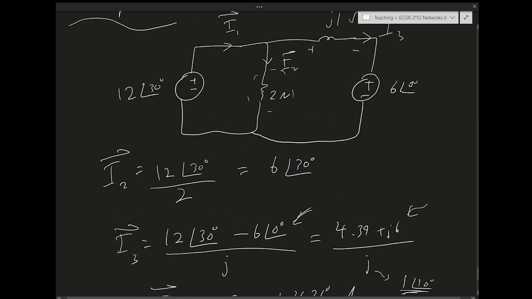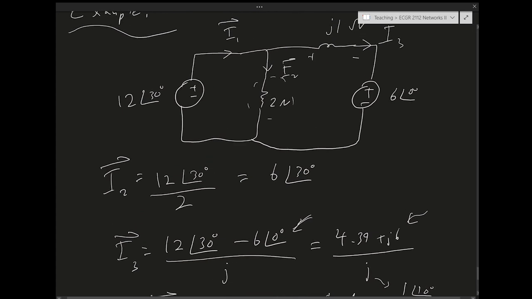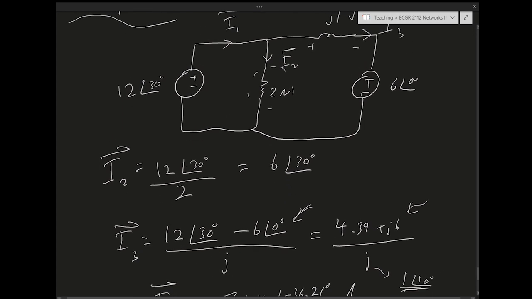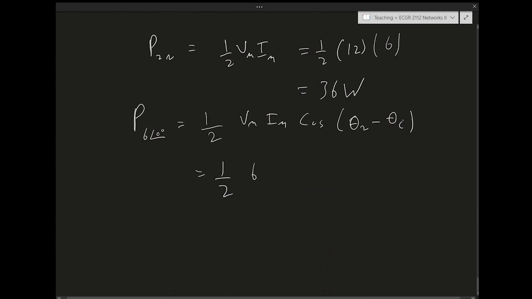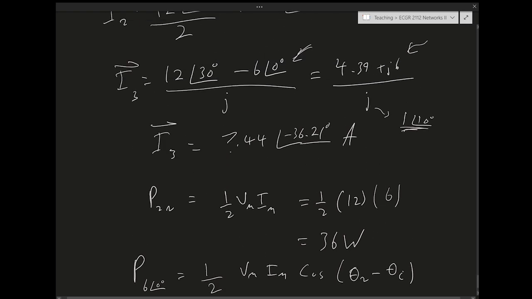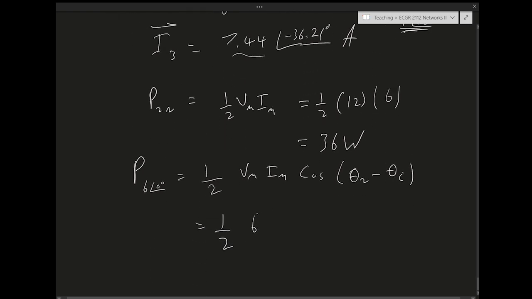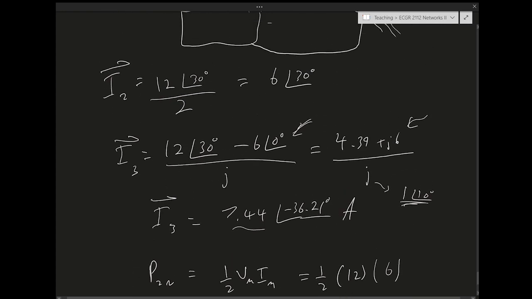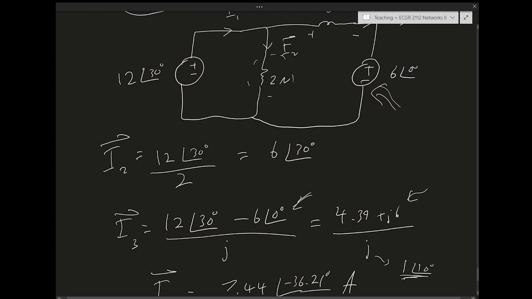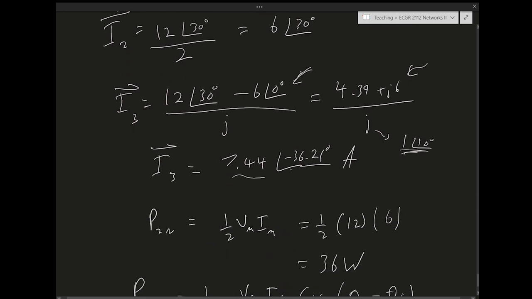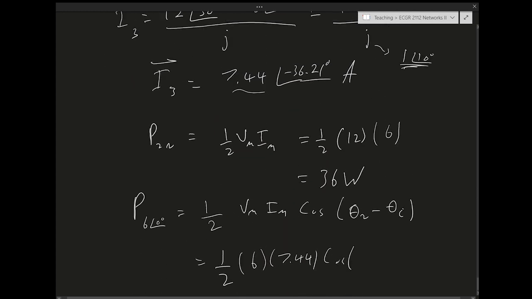Why is VM 6? Because we know that the voltage of this supply is 6 volts. It's a voltage supply, it fixes its voltage. And then the magnitude of the current is I3, which has a magnitude of 7.44. So it's 6 times 7.44 times cosine of the angle of the voltage, which is 0, minus the angle of the current, which is minus 36.21.